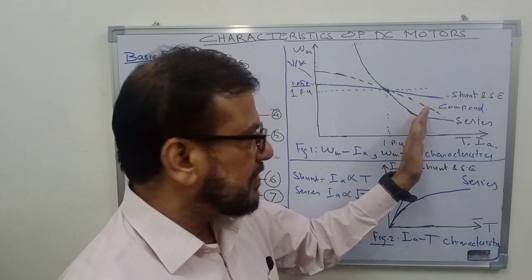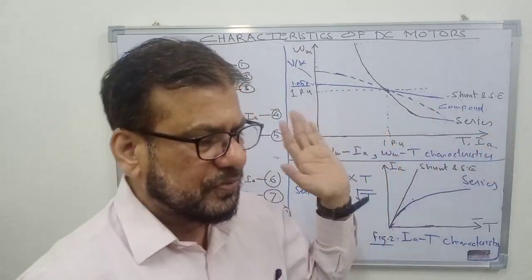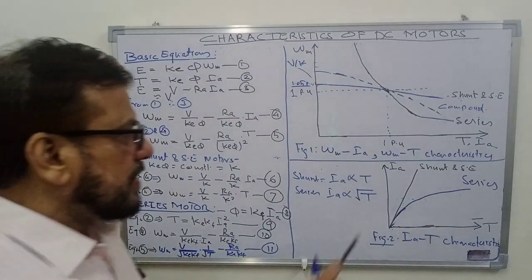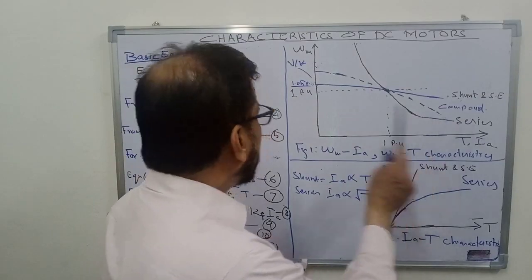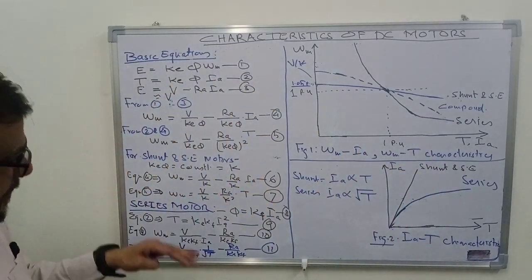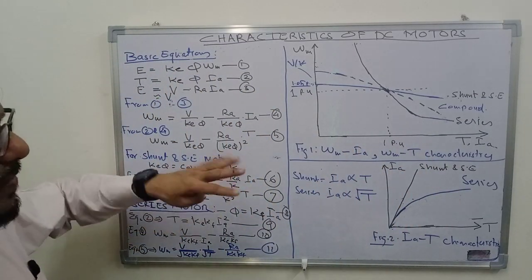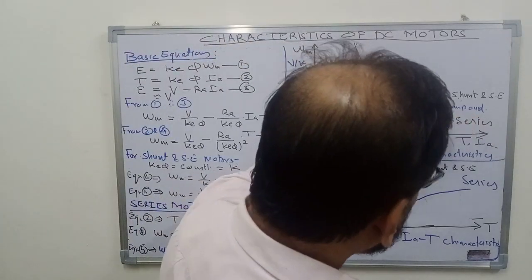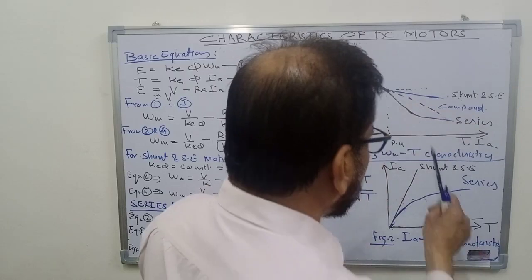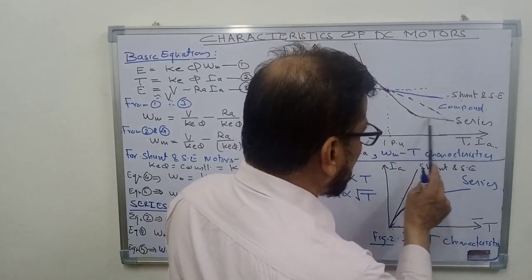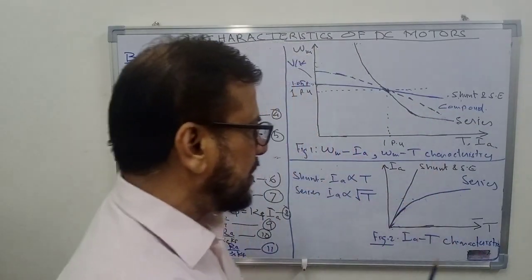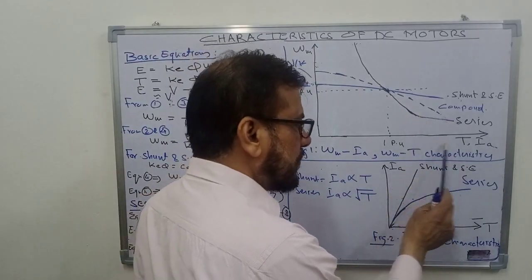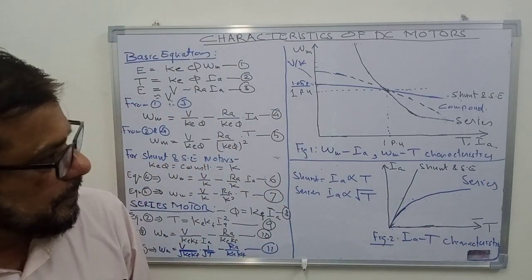So after saturation has occurred, the flux will remain constant, and then when the flux is constant, the characteristic will be like that of a shunt motor. So it will be a straight line after that. So this straight line shows that the motor has saturated. The flux is not increasing anymore with the increase in the armature current.